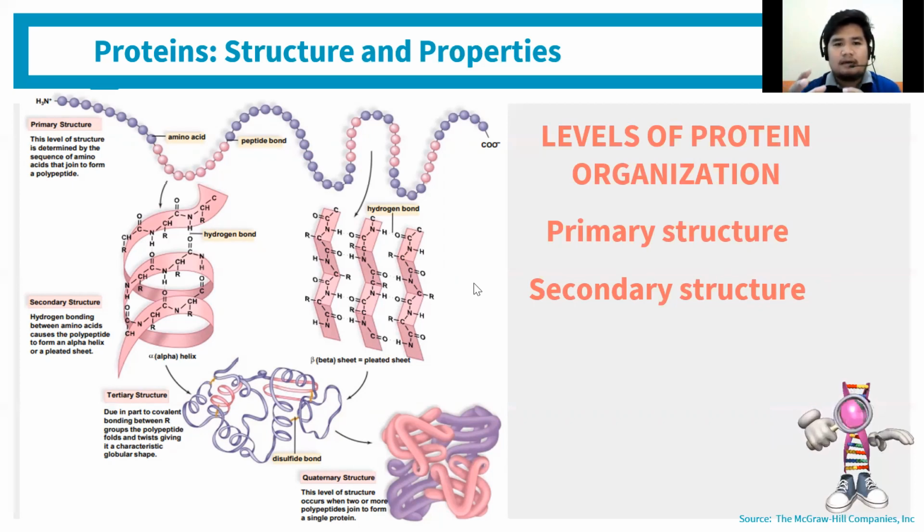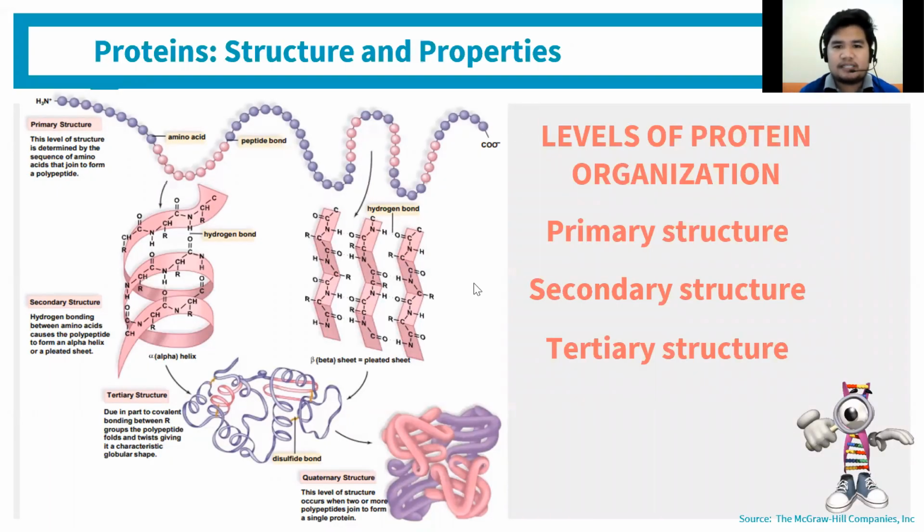Minsan, ang mga proteins na ito ay may hydrophobic parts or yung mga takot sa tubig at may mga hydrophilic parts or yung mga gusto ng tubig. So, yung mga gusto ng tubig, sila yung nasa labas, tapos pumupunta sa loob yung mga takot sa tubig, yung mga hydrophobic parts, kaya na-form itong 3D structure niya. Yun yung tertiary structure.